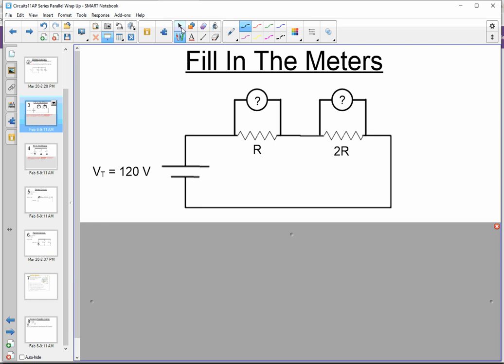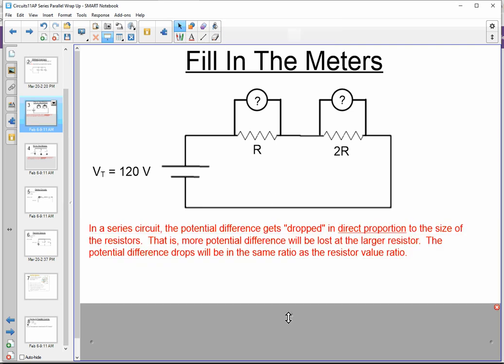Well, in the previous video, I discussed the fact that in a series circuit, the potential difference gets dropped in proportion to the size of the resistors. So just like in an obstacle course, you would want to save more of your energy for the 2R resistor and less for the R. Since they're in a 2-to-1 ratio, that means the potential difference will get dropped in a 2-to-1 ratio.